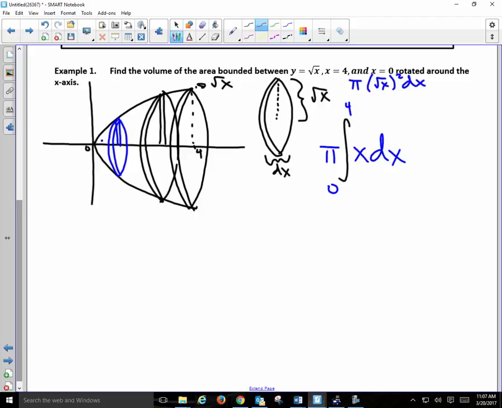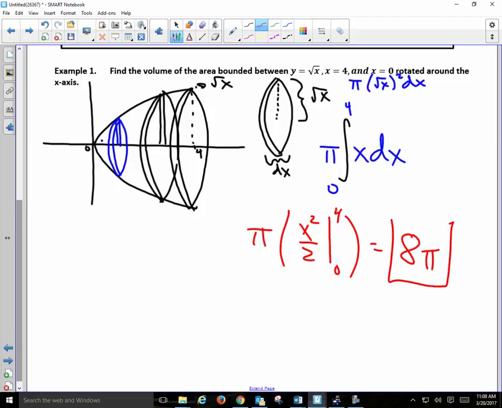So we integrate. What is the antiderivative of x? x squared over 2, integrated from 0 to 4. So we plug in 4, and we get 8. So 8 pi. I would like you to write it in terms of pi if you can, yes.